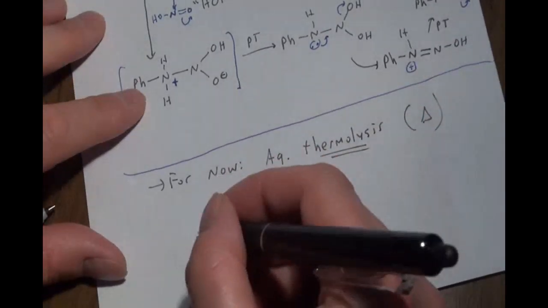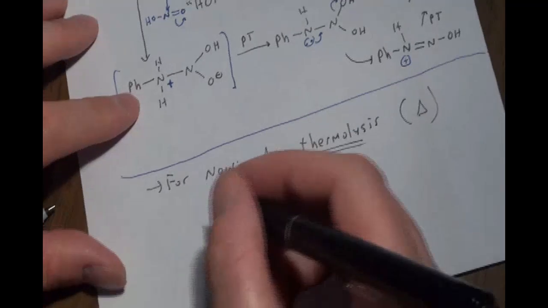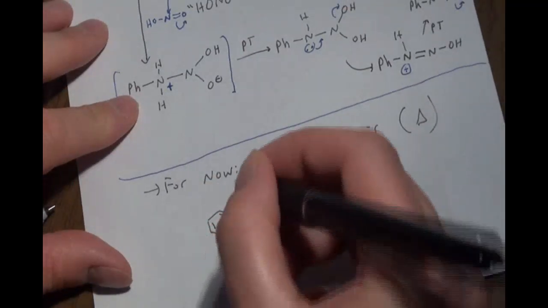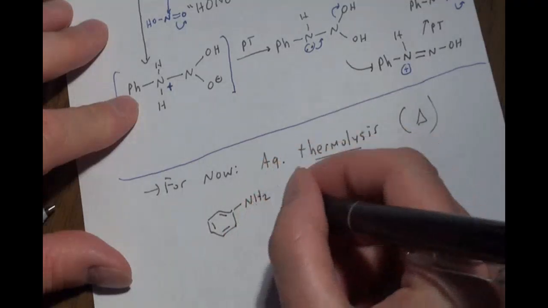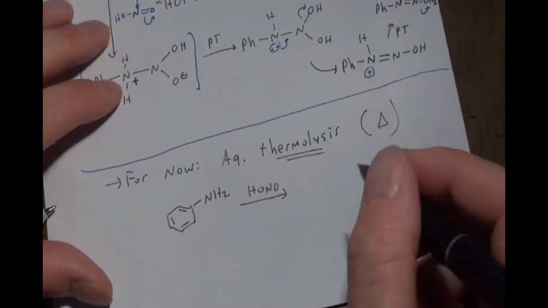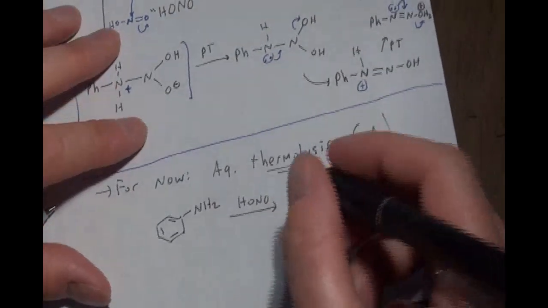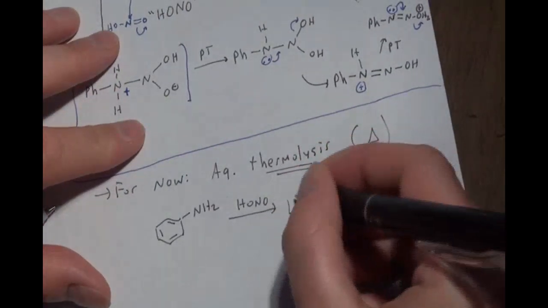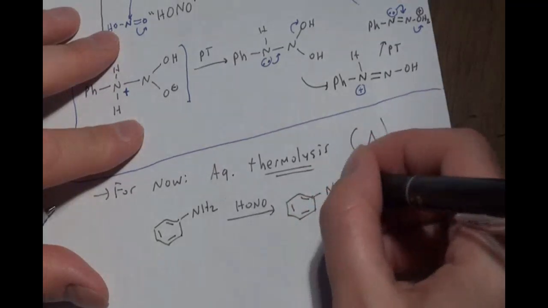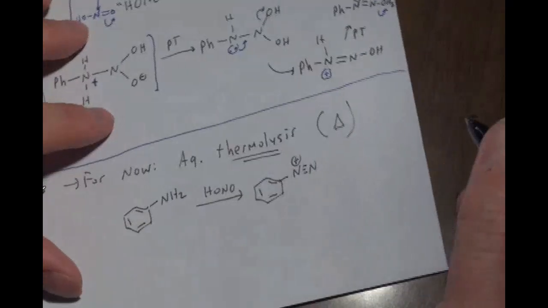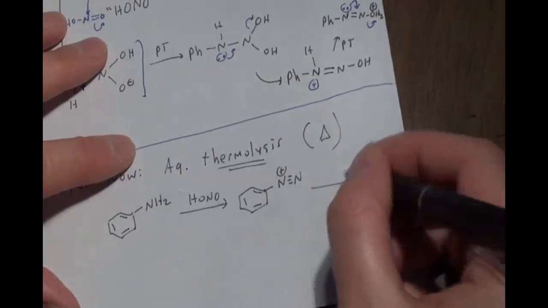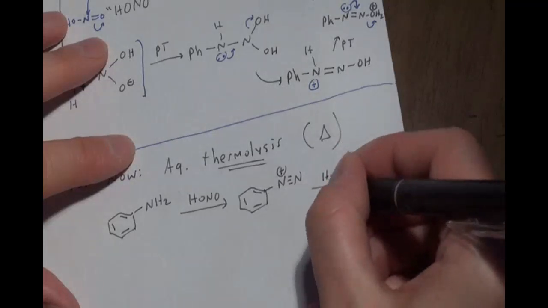So if I take an aniline and I treat it with HONO, which is nitrous acid, that makes the diazonium. Then treat that with water and a little bit of heat.